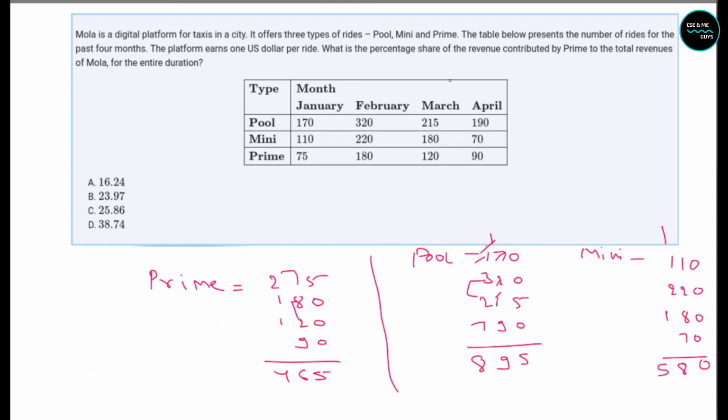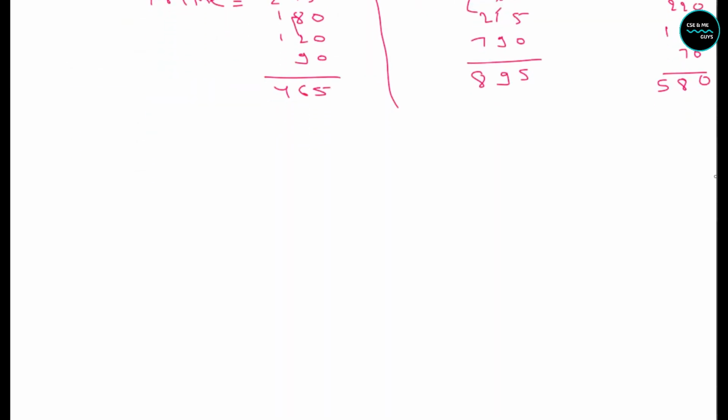Now we need to find the percentage share of revenue contributed by Prime with respect to total revenue. So basically, how do we find that?